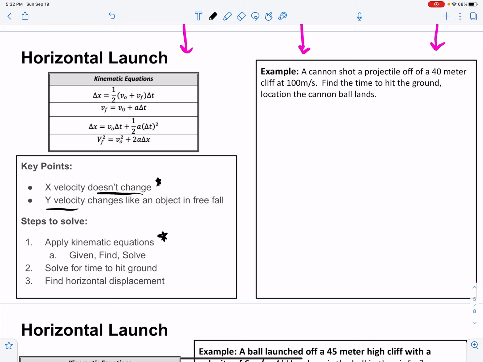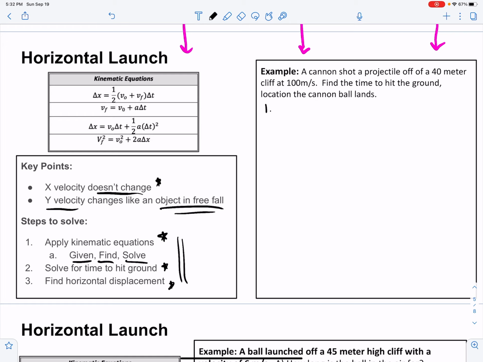The y, the vertical velocity, acts like an object in free fall. All right, so our steps to solve these sorts of problems: apply our kinematic equations, solve for the time it takes to hit the ground, find the horizontal displacement. So step one, let's apply our kinematic equations. We had a 6-step process we talked about previously, but it boils down to what are you given, what are you trying to find, and solve.